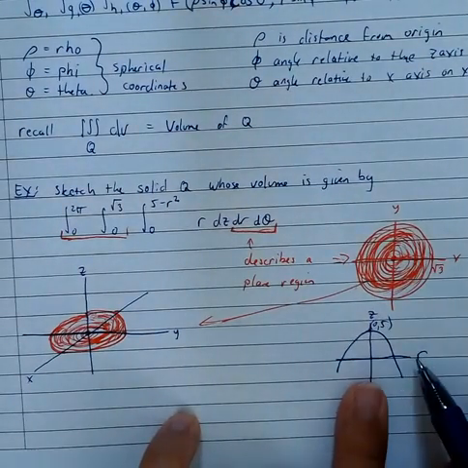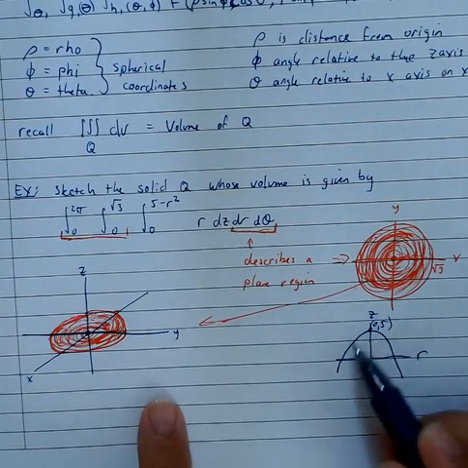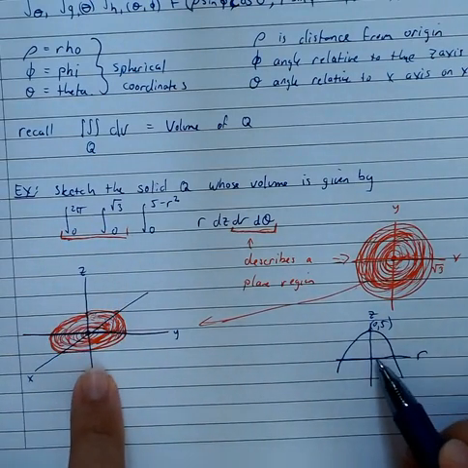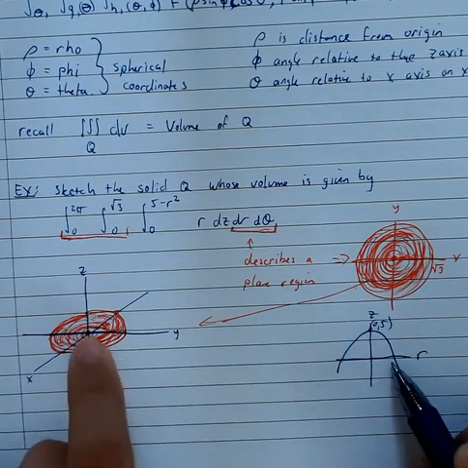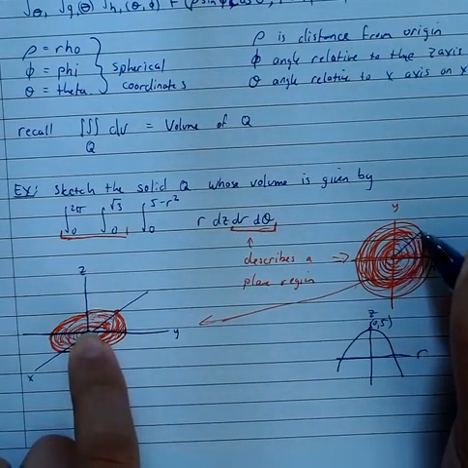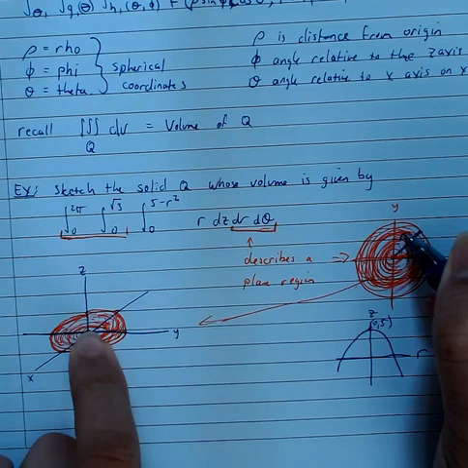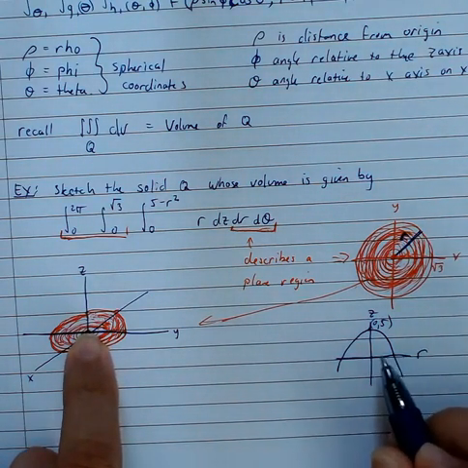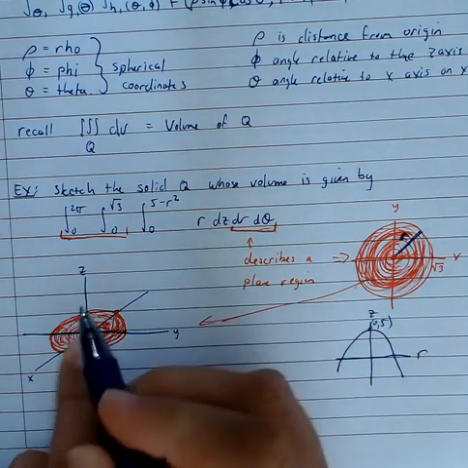Well, notice that if you are placing this on the three-dimensional coordinate system, r just means how far away are you from the center, from the pole here, right? That's what r meant before. R means the distance from the center to the outside. So here, this r is this r.